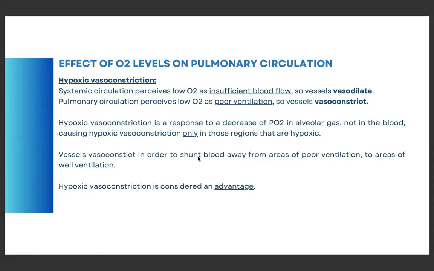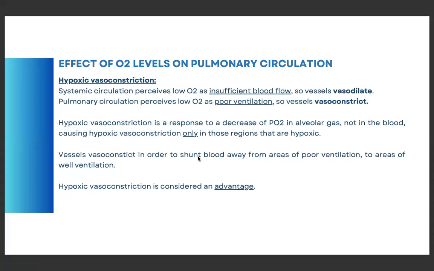So they will vasoconstrict and shunt the blood away from that specific area that is not working well. This will in turn send more blood to the more ventilated areas. So this mechanism is considered to be an advantage as it makes pulmonary circulation more efficient.